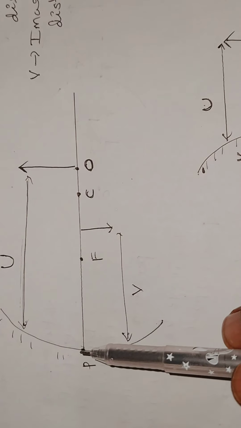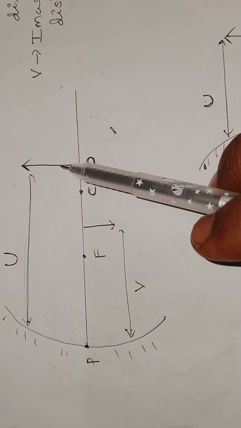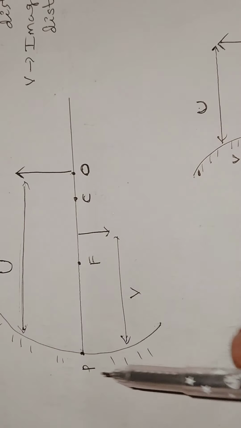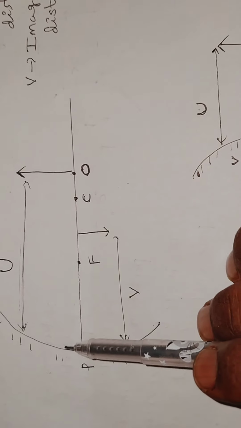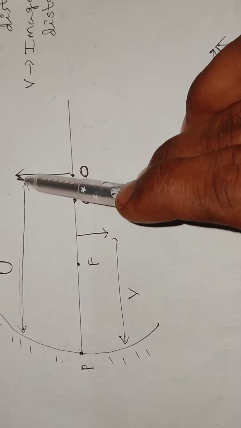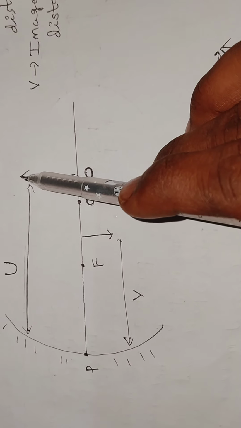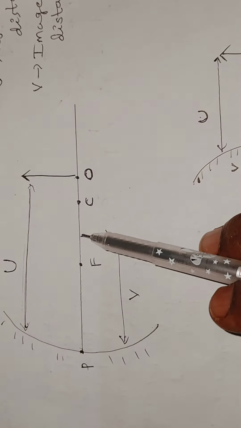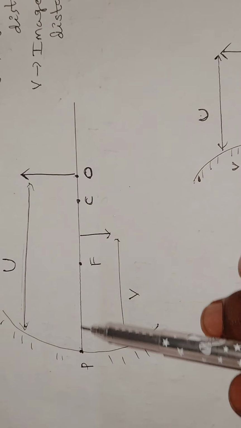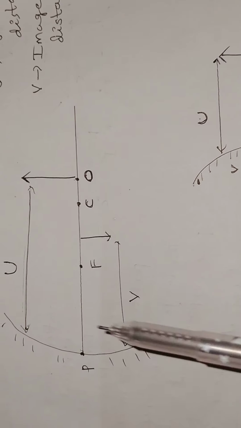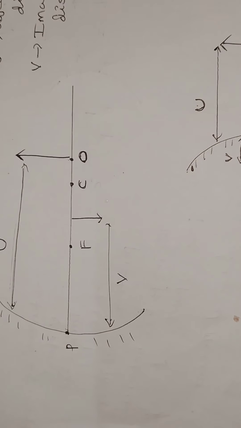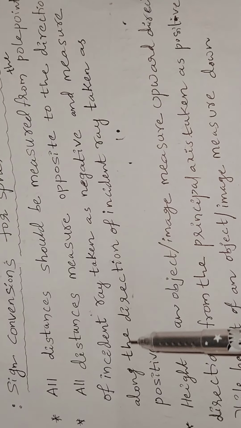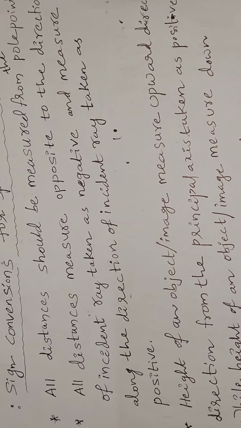We measure all distances, that is object distance, image distance, focal length, and radius of curvature, from the pole point opposite to the direction of the incident ray. That's why we take them as negative. And distances measured along the direction of incident ray are taken as positive.